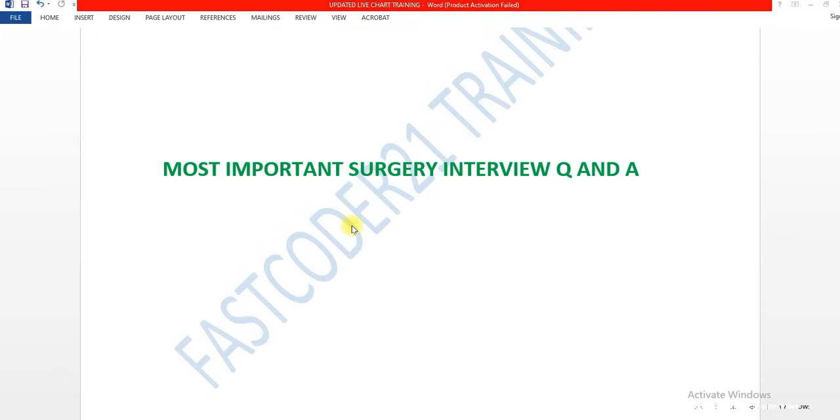Okay. So what are the types of tendons? Basically we have two types of tendons, flexor tendon and extensor tendon. Extensor tendon you will see on the surface of the skin.